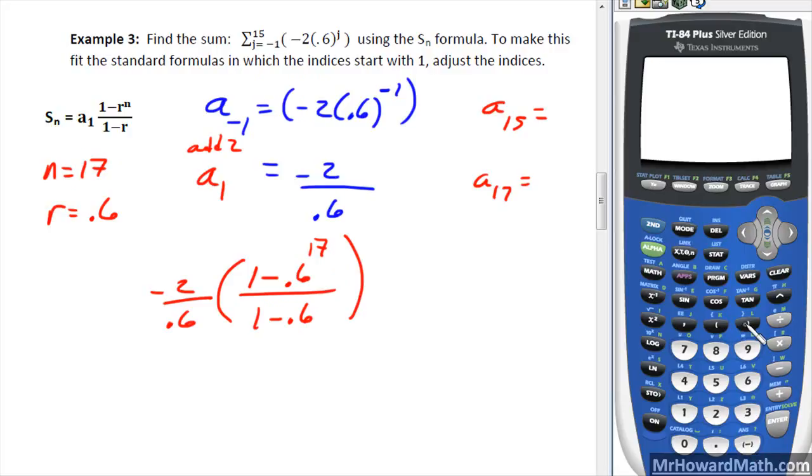and then I'm going to use our fraction button, and that's not what I wanted, so let's try that again.